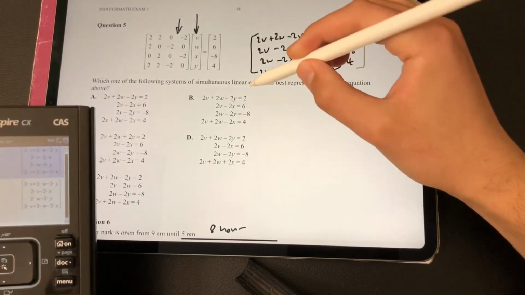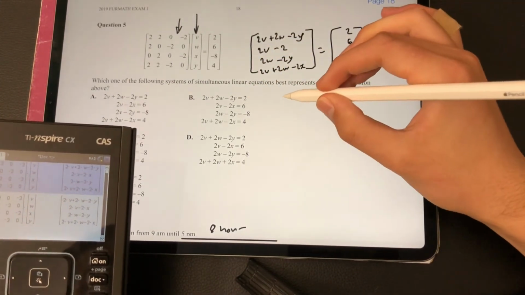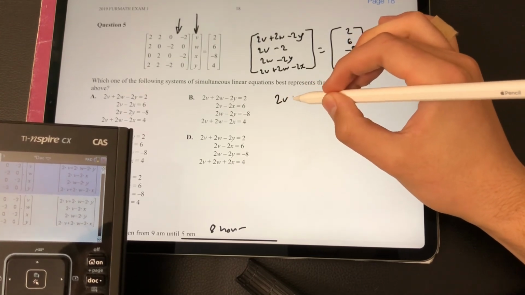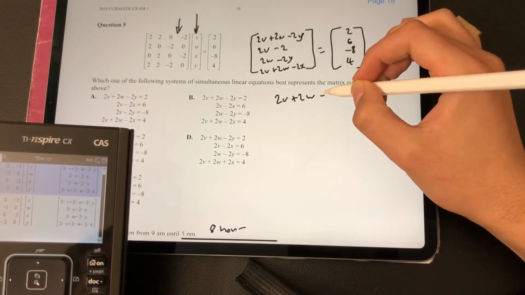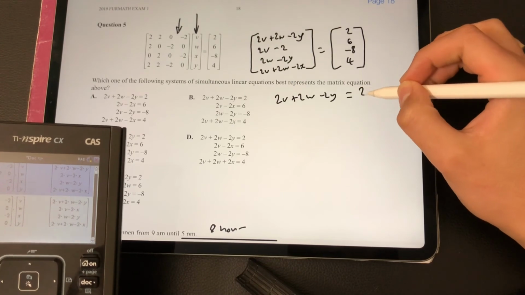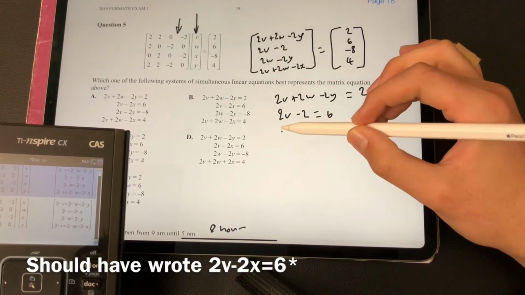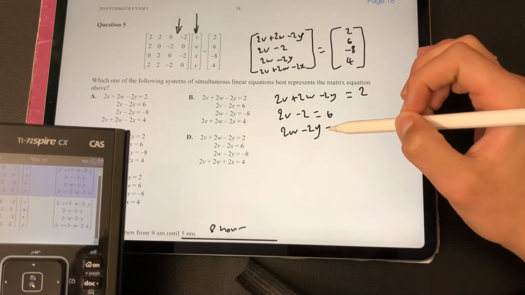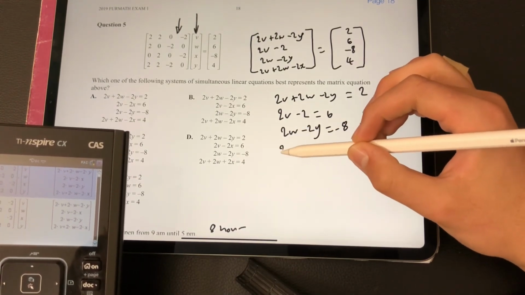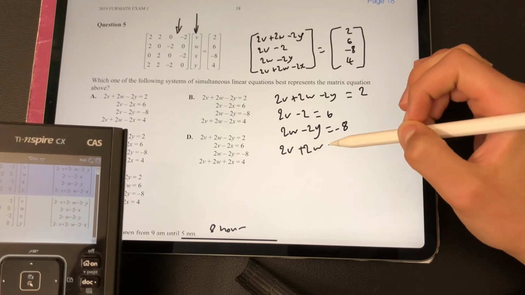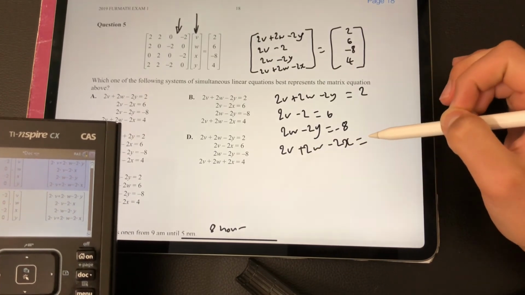So if we express that as equations, that means 2v plus 2w minus 2y equals 2, and 2v minus 2x equals 6, 2w minus 2y equals negative 8, and 2v plus 2w minus 2x equals 4.